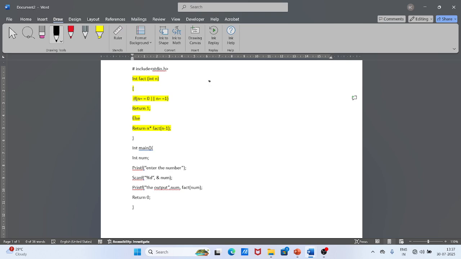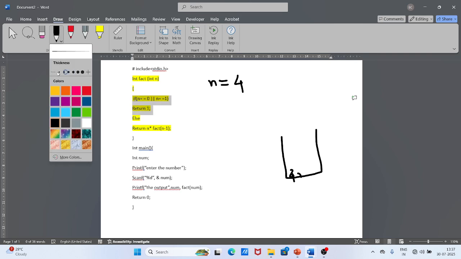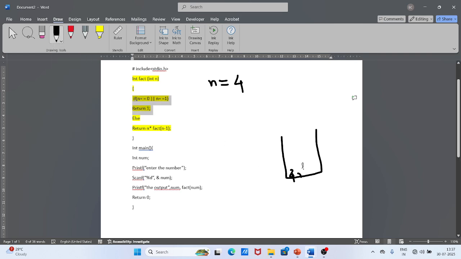Now I take the n value as 4. So first it is factorial of num, so 4, fact 4 here. Then it comes here and checks these conditions.